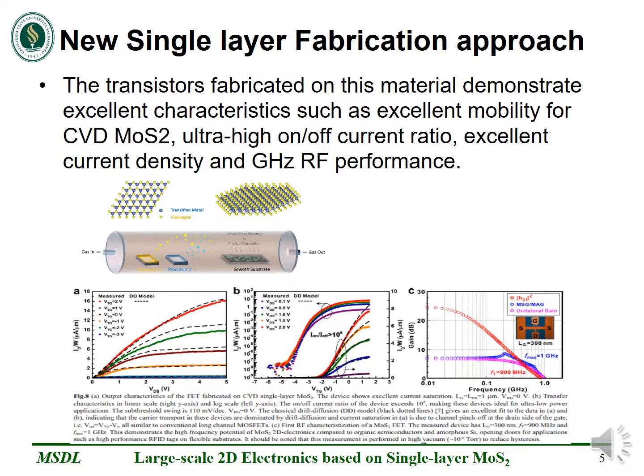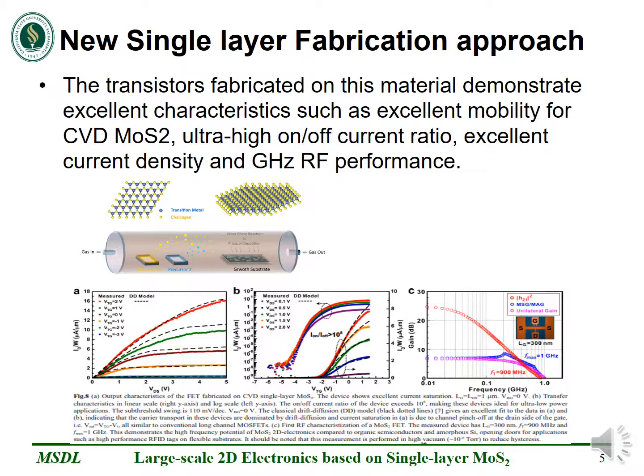A ceramic board containing molybdenum oxide powder was placed in the center of the quartz tube, and a second ceramic board with sulfur powder was placed upstream. The substrate was pre-treated with a droplet of aqueous potassium salt solution and then mounted on top of the board containing the molybdenum oxide powder.